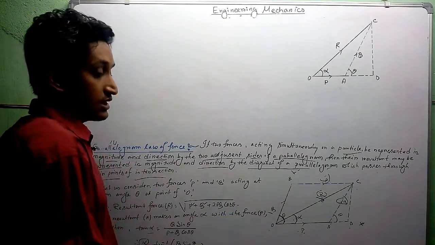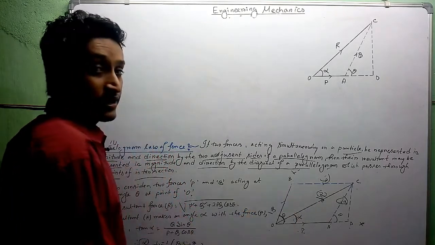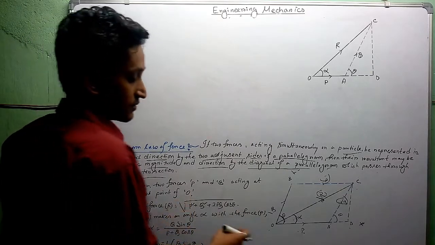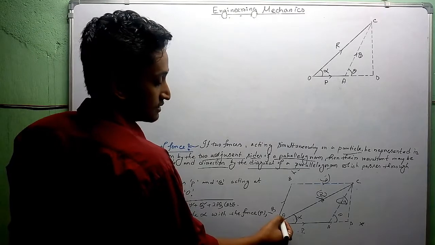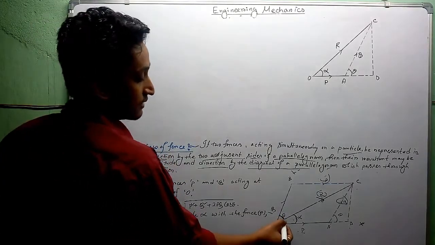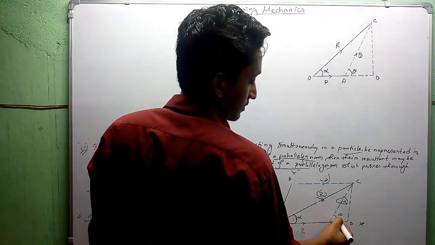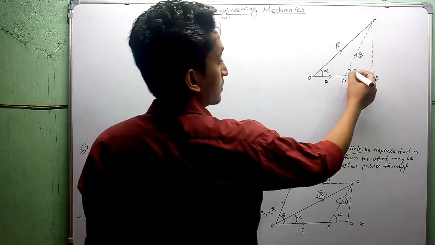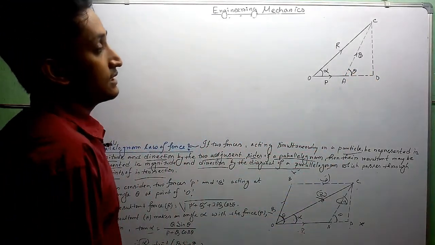Then their same side angle will be the same. That is why if this angle is theta, then here the value of the angle will also be theta. That is why here we put the value of theta.